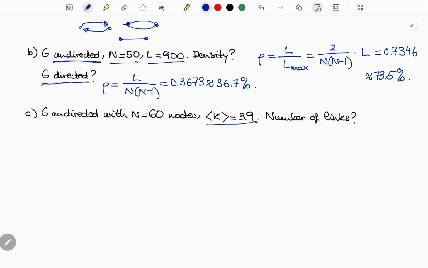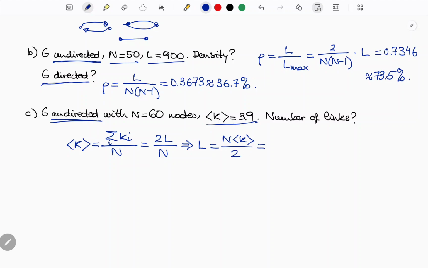The average degree is the addition of the degrees of all the nodes divided by n, which in turn, because this is an undirected network, is twice the number of links divided by n. So from this expression, I know that L is going to be n times the average degree divided by 2. And for these numbers, I have n equal to 60 times 3.9 divided by 2.